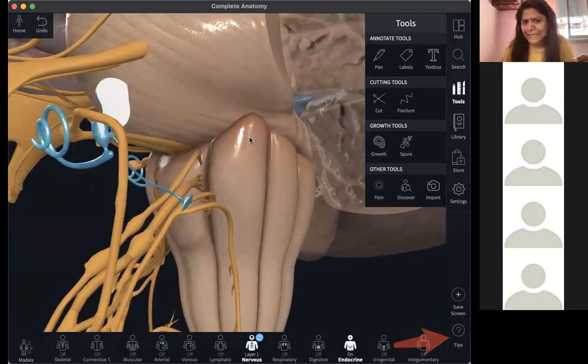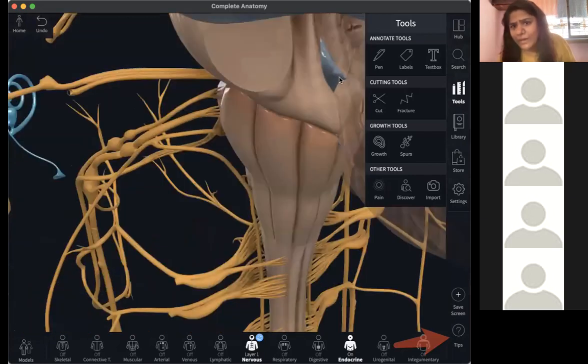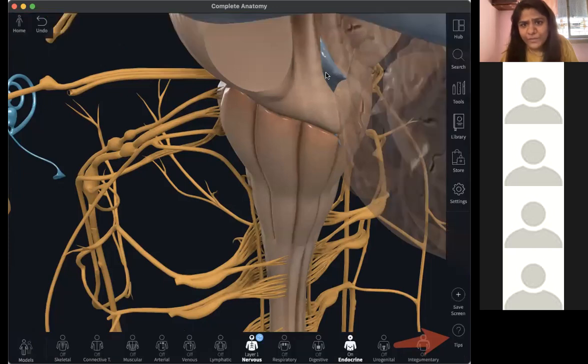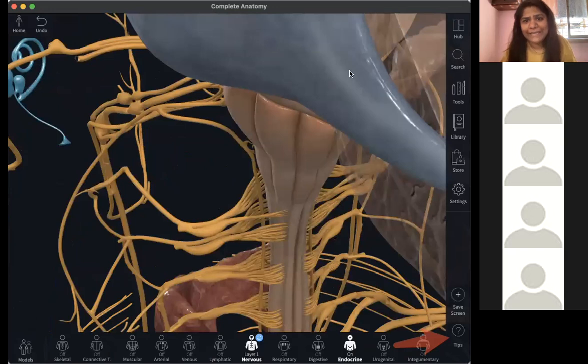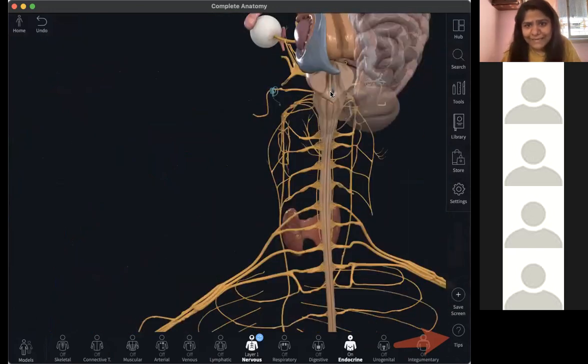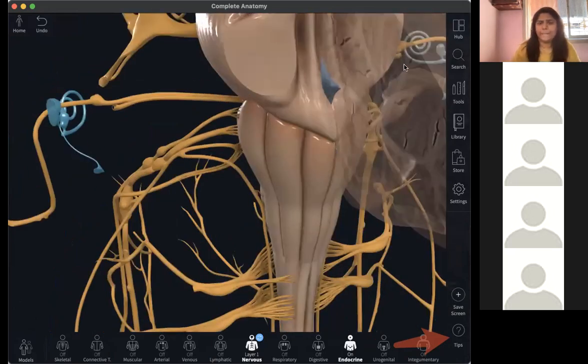So your brain is essentially doing so many things. Do you see this small portion over here, this grayish thing? Is it visible to you? Yes. Can you tell me what that gray thing could be? It is coming all the way from here and ending here. Can you think of what it could be?